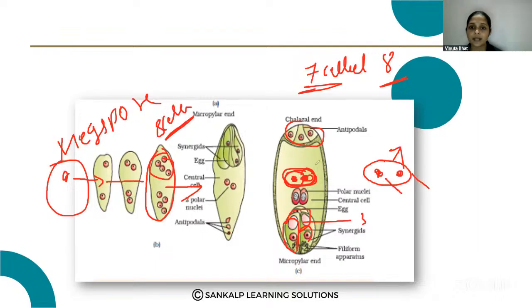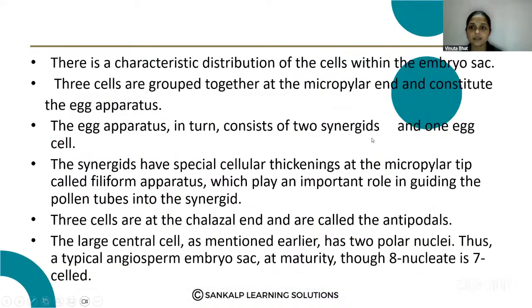So this is 3 plus 3, 6, plus 1, 7-celled and 8-nucleate. Nuclei are 8, but the cells are 7. So this is the mature embryo sac diagram.